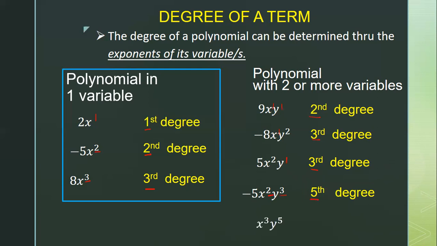Now let's have x cubed y raised to the fifth power. Since 3 plus 5 is 8, the degree of the polynomial is 8. Remember, this is the degree of a polynomial with just one term.